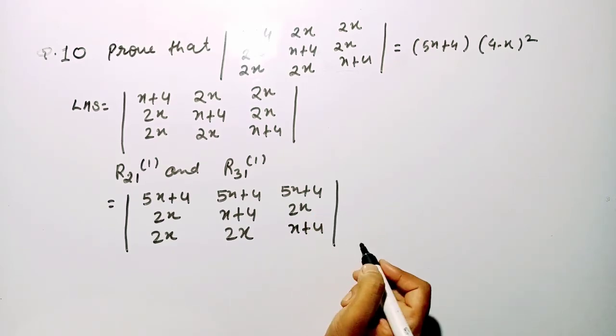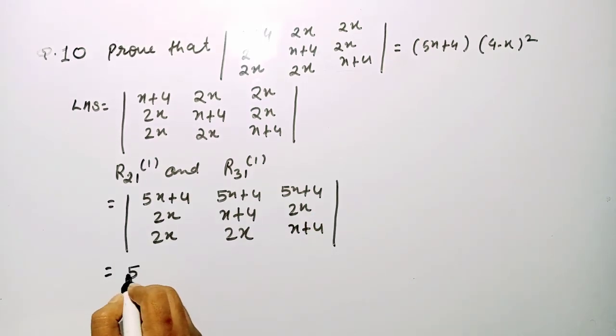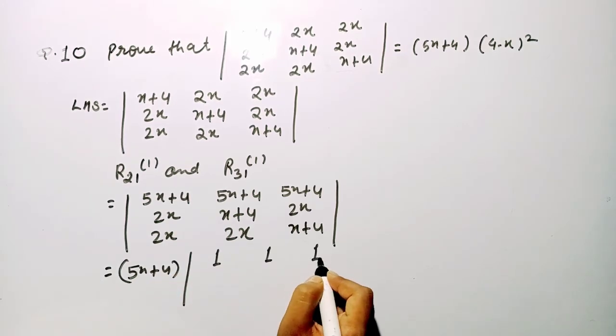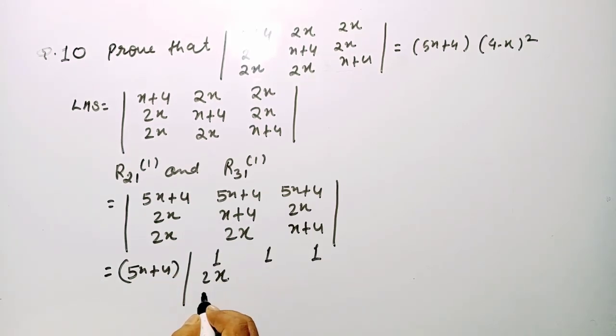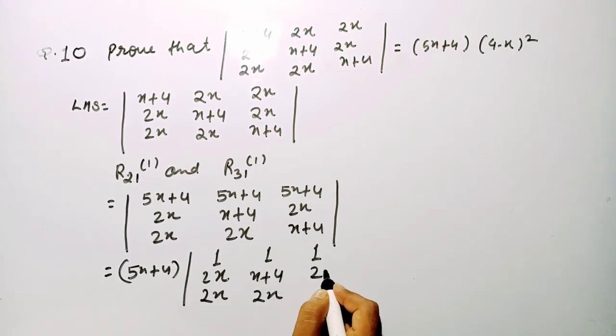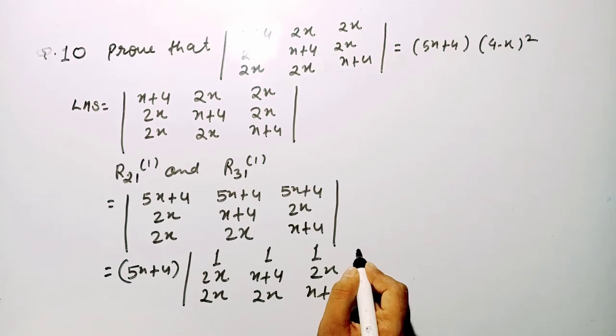Right students, now we can see that in the first row 5x plus 4 is a common term. So we get 1, 1, 1 in the first row, then 2x, x plus 4, 2x and 2x, 2x, x plus 4.